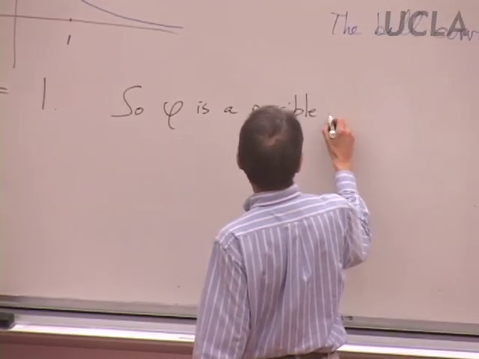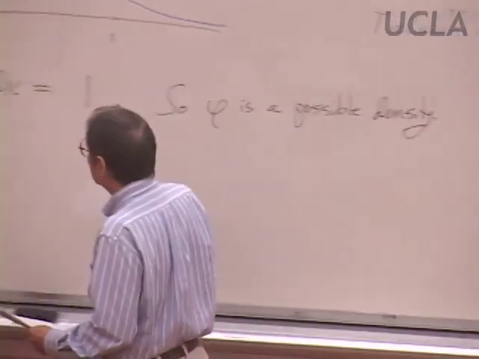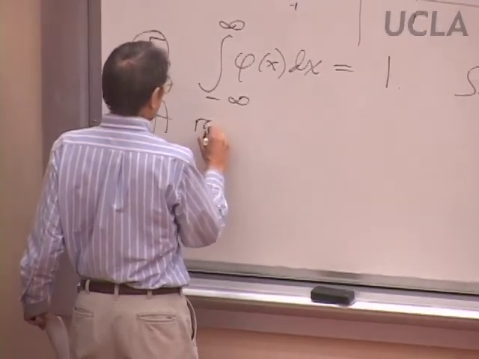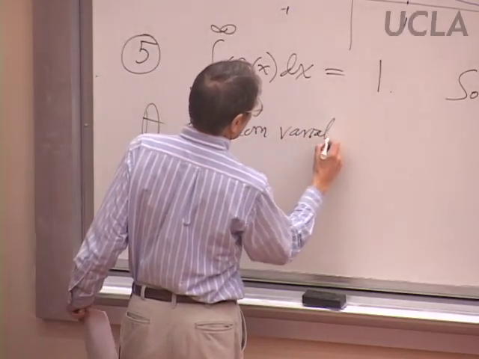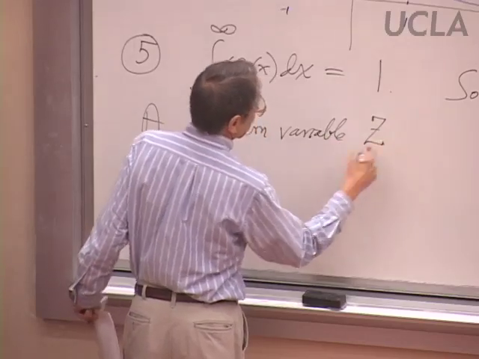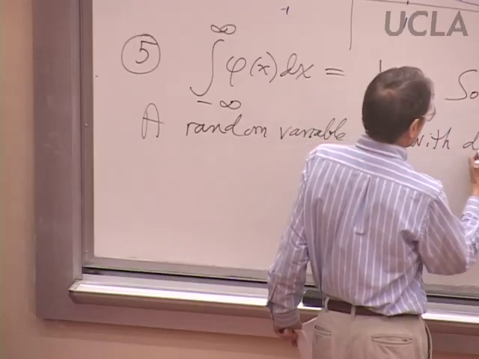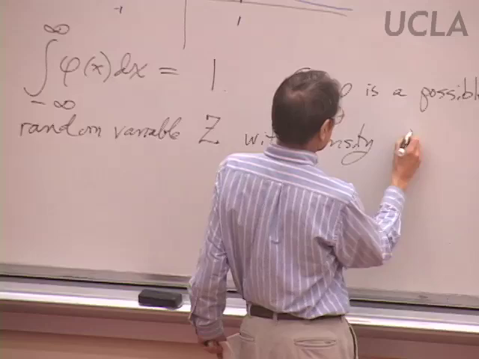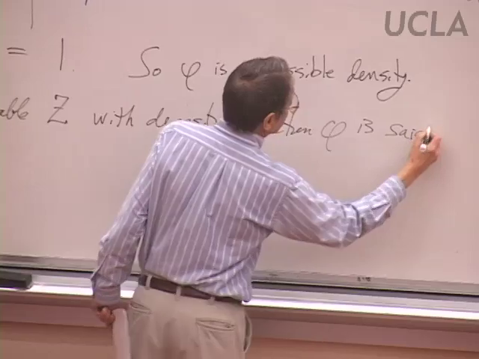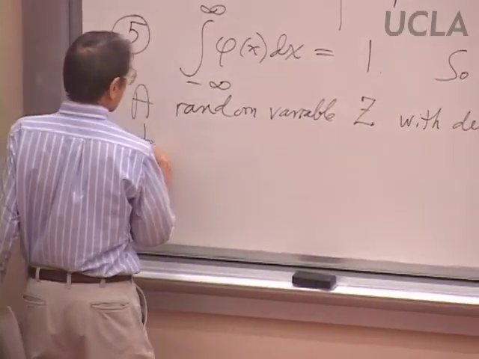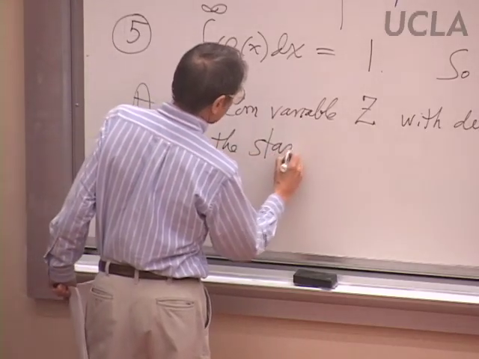And a random variable that has this density function is said to have the standard normal distribution. A random variable Z, okay, that's a capital Z, if it has density function phi, is said to have the standard normal distribution.